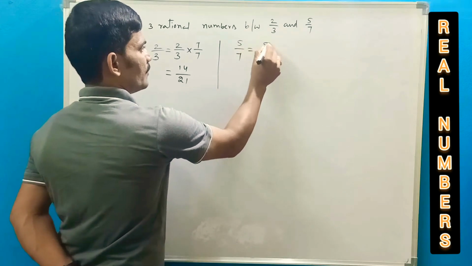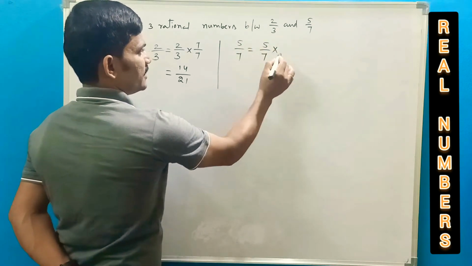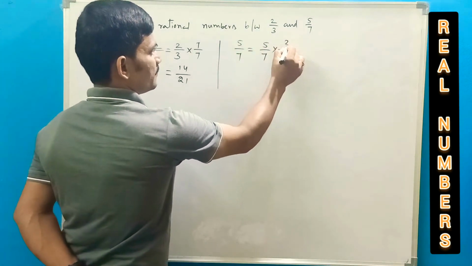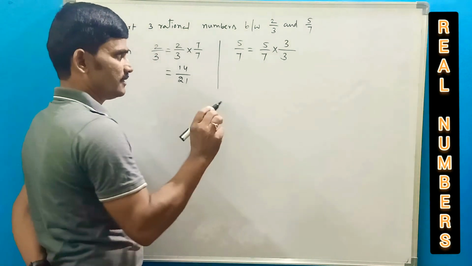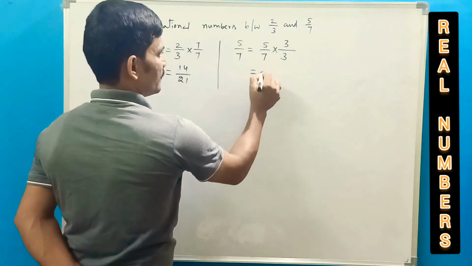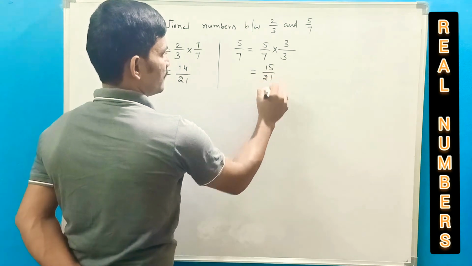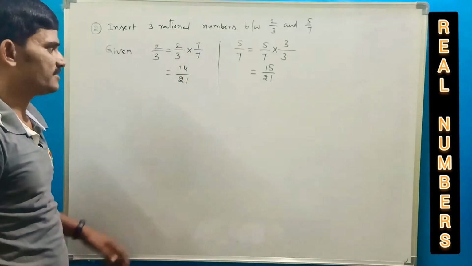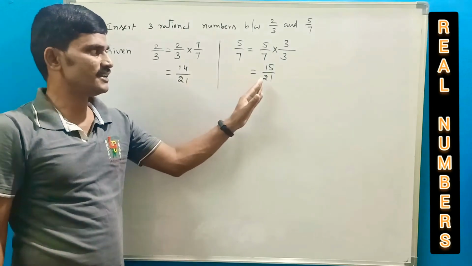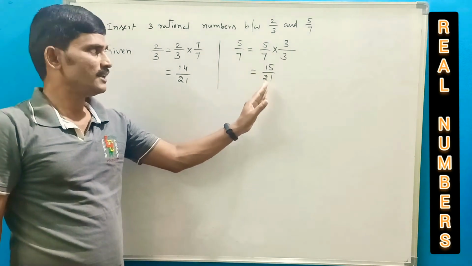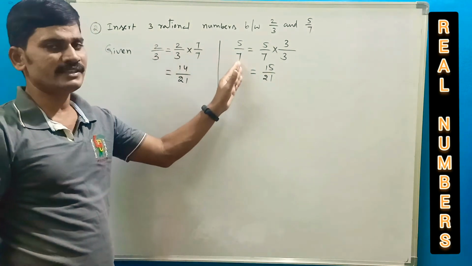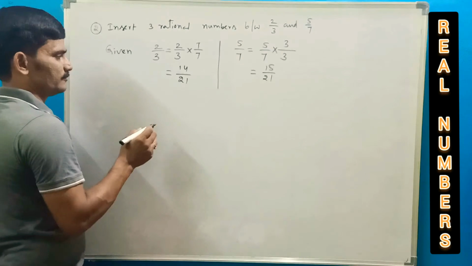Similarly, 5 by 7, to make the denominator 21, you should multiply by 3 by 3, so that it becomes 15 by 21. So obviously 14 by 21 is less than 15 by 21. That means 2 by 3 is less than 5 by 7.